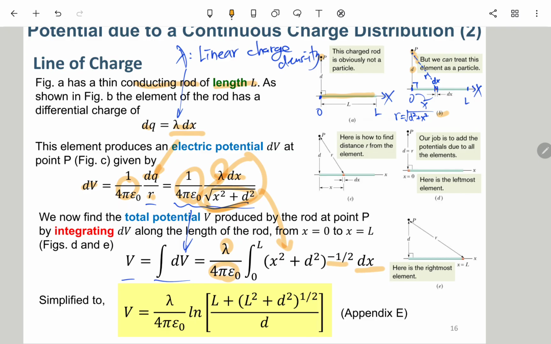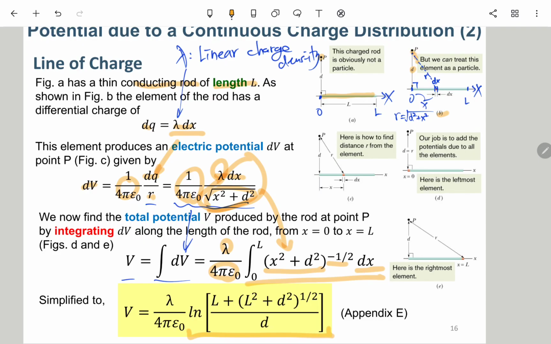This square root is in the denominator, so we make it like this. If you refer to the calculus table, the integration table, this definite integral is this.